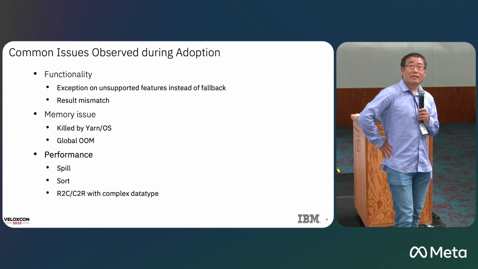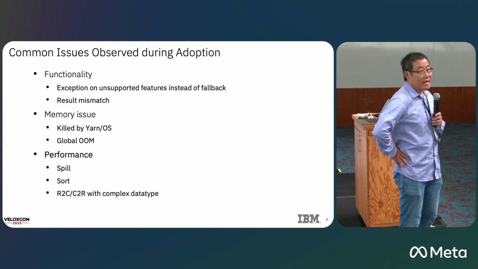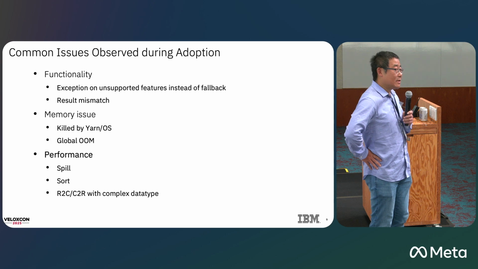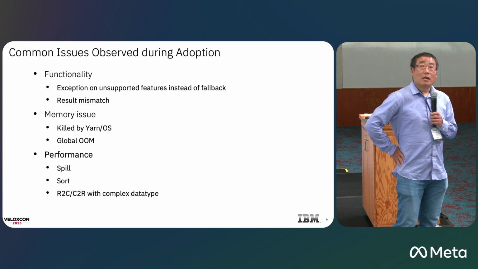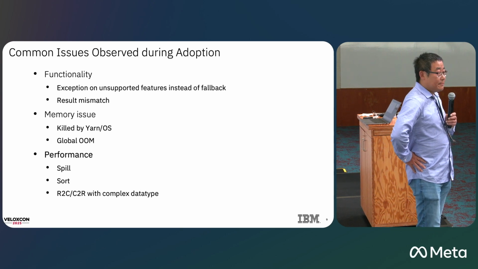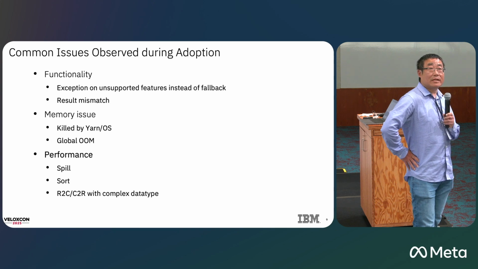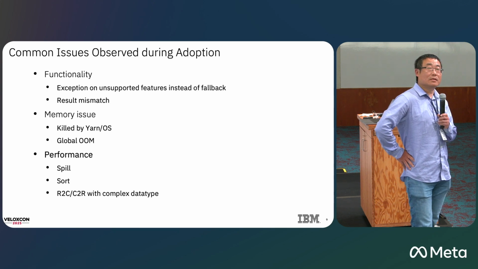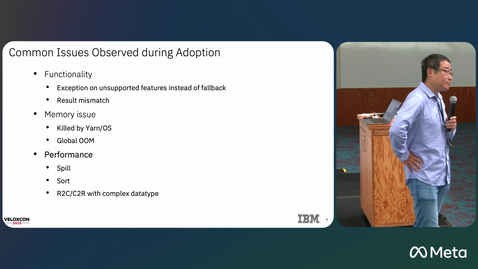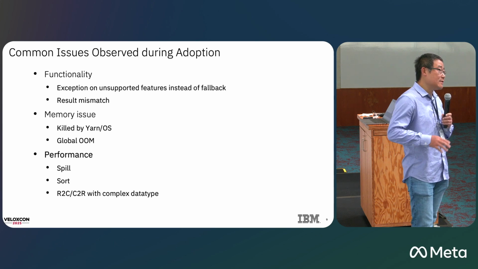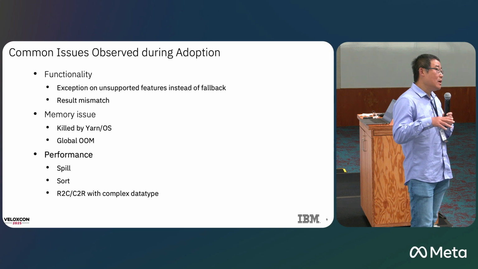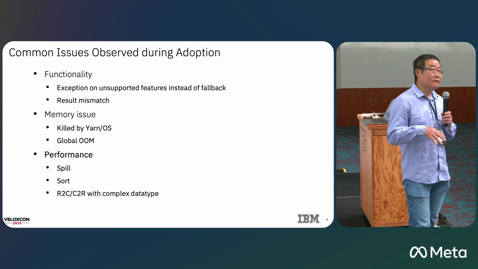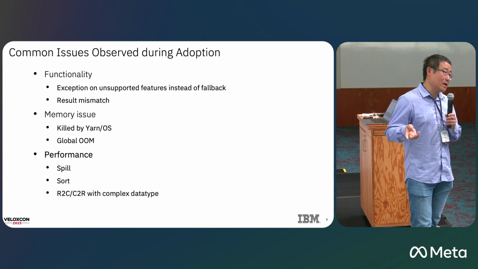Another one is still the memory issues. We tried our best to support off-heap and on-heap memory, but currently we still sometimes see the Gluten task or Gluten executor killed by Yarn, the OS, or the global OOM. The main issue is that every big block of memory allocation should be tracked by Spark.